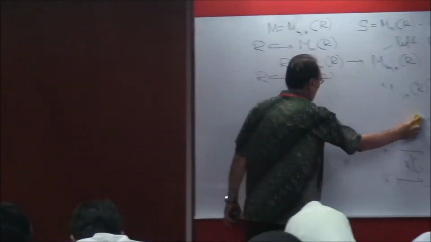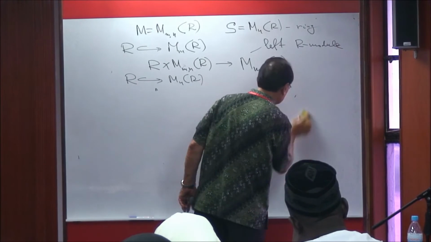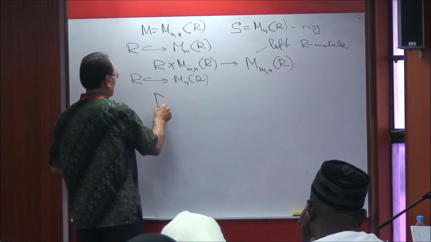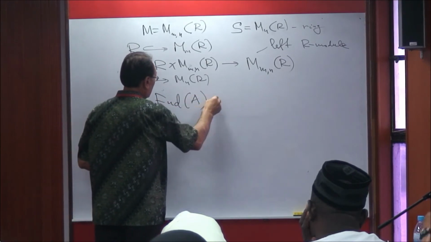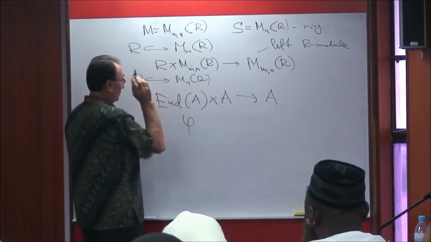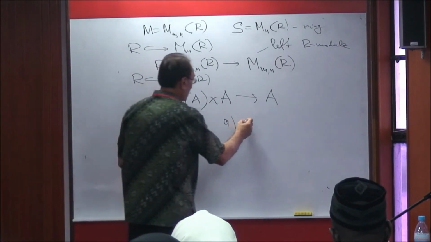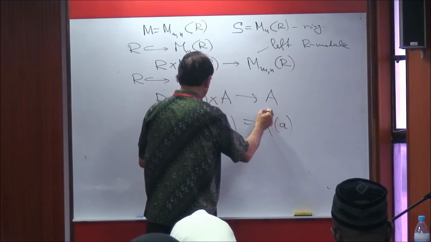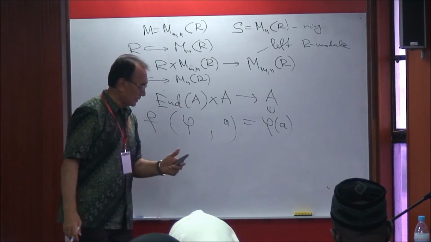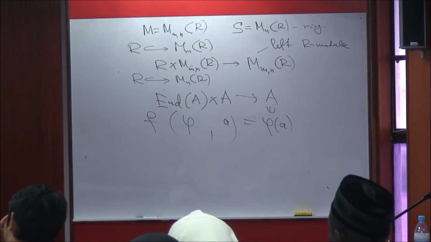Your operation F is defined as follows: you take phi from this cell, A from this cell, and F is phi of A. This is definitely an element of A. Again, we can check this is the left action of the endomorphism ring.